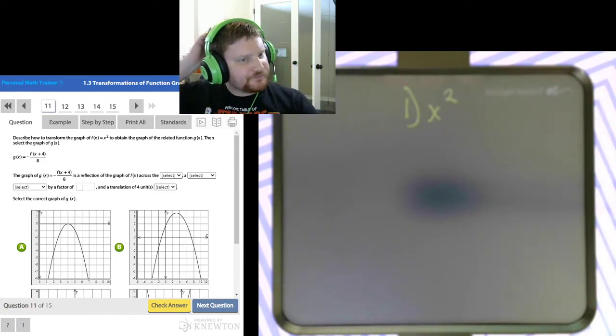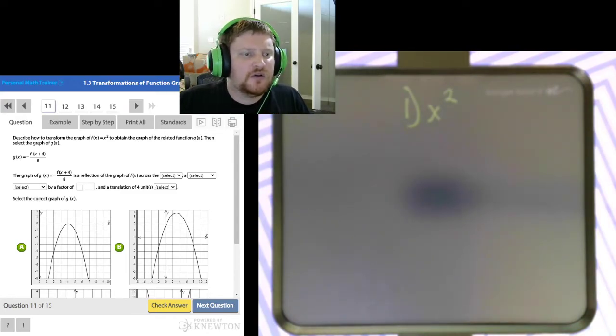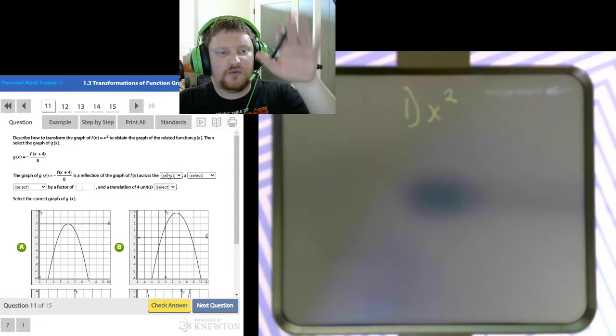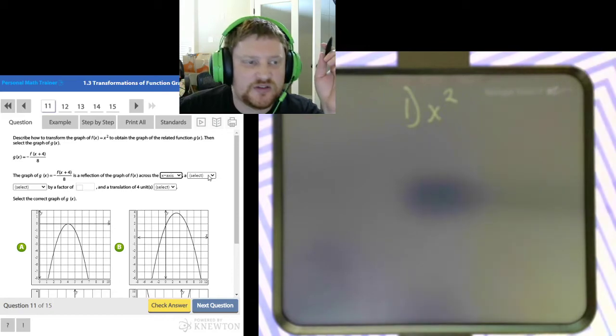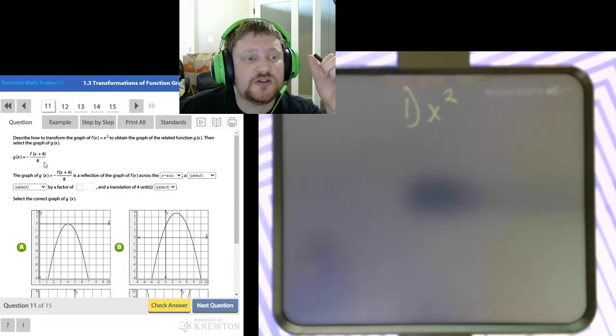All right. So since the negative's on the outside of our parentheses, we have a vertical reflection, which means it's going to be across the x-axis. Since we have division on the outside of the parentheses, notice that the f is included in this division, so the division is on the outside of the parentheses.